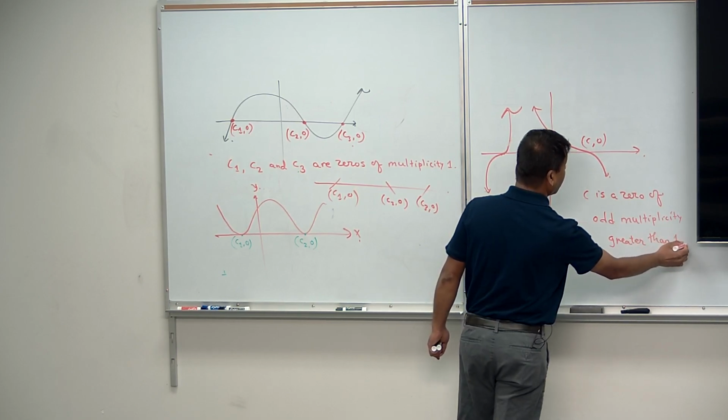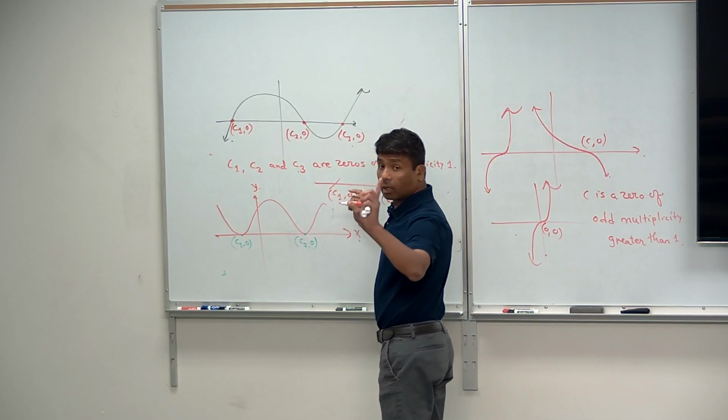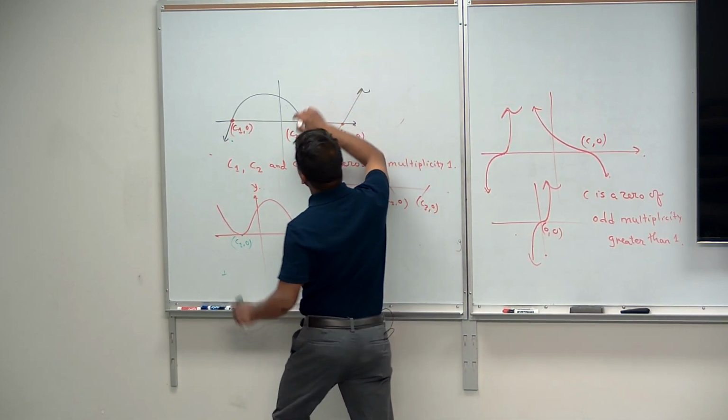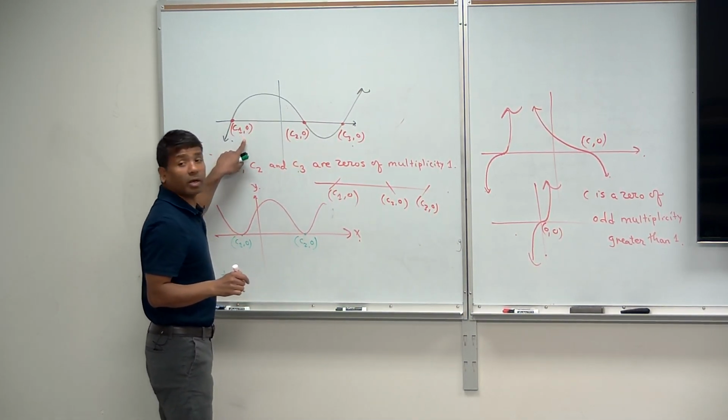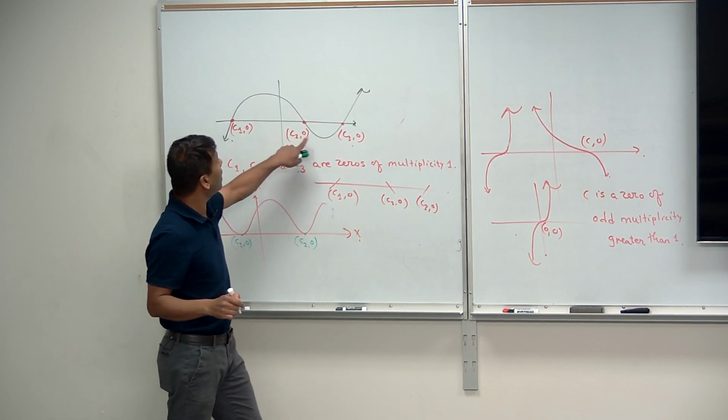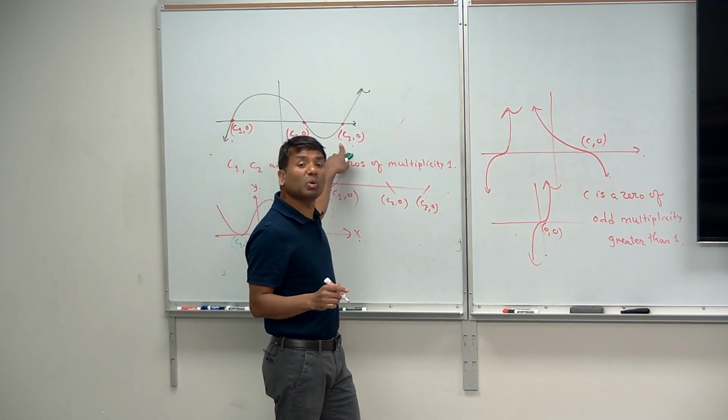And remember, this is greater than 1 because if the graph simply crosses the x-axis, then C1, C2, and C3 are zeros of multiplicity 1.